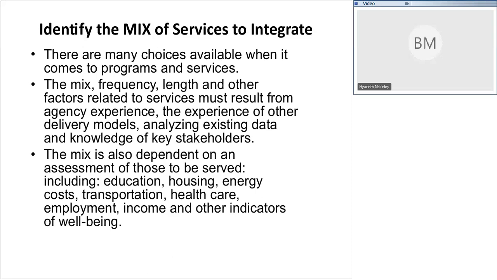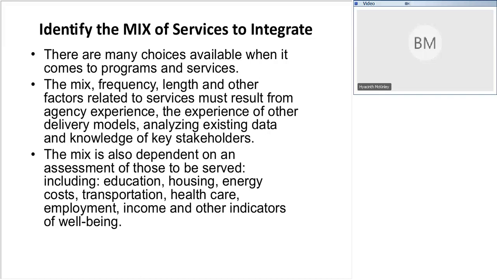Another question is, what mix of services do we want to integrate? I know in some of the studies that have been done about two-generational work and whole family work, we're talking about a specific set of services.